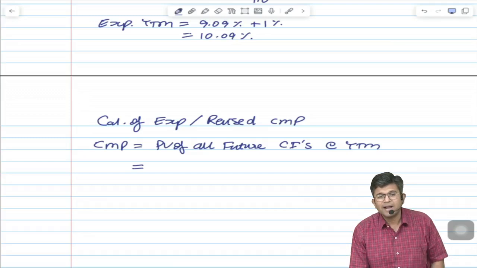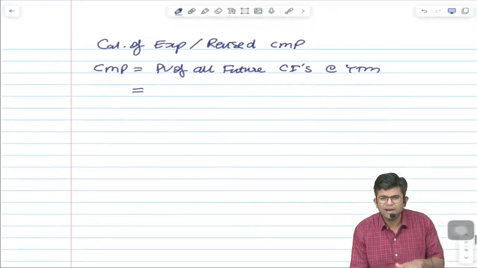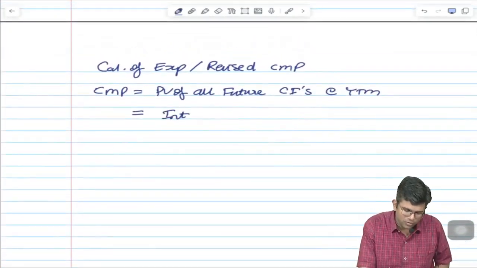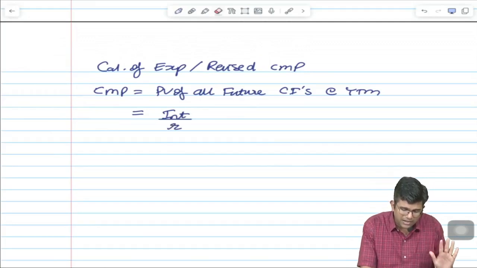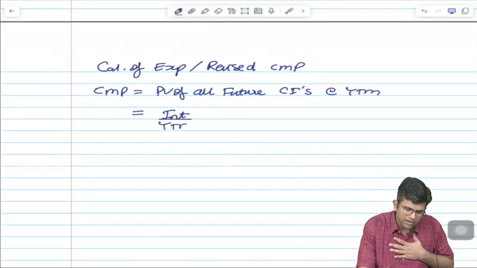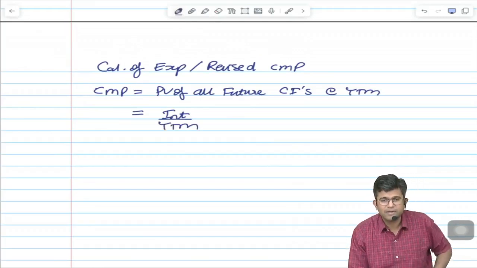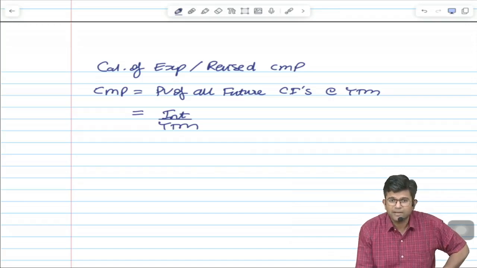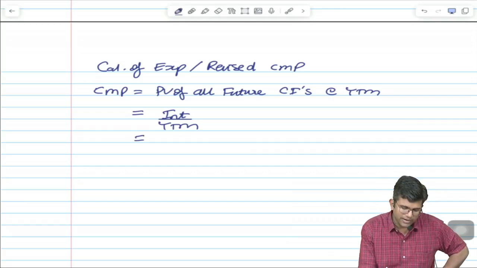As far as a perpetual bond is concerned, you cannot make a table for calculating the present value. The only option you have is to do interest divided by R. Earlier in the R I used to take my required return. Now I will be taking the actual return, because I am not here wanting to find theoretical value. I want to find the actual price. Therefore the interest, which is 10 rupees, will remain 10 only.